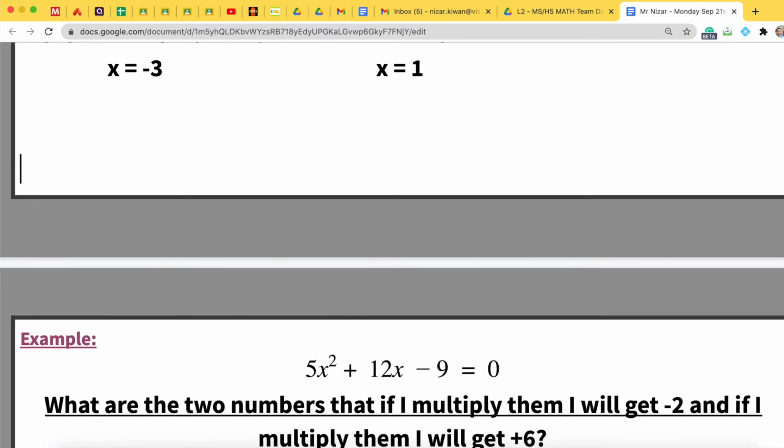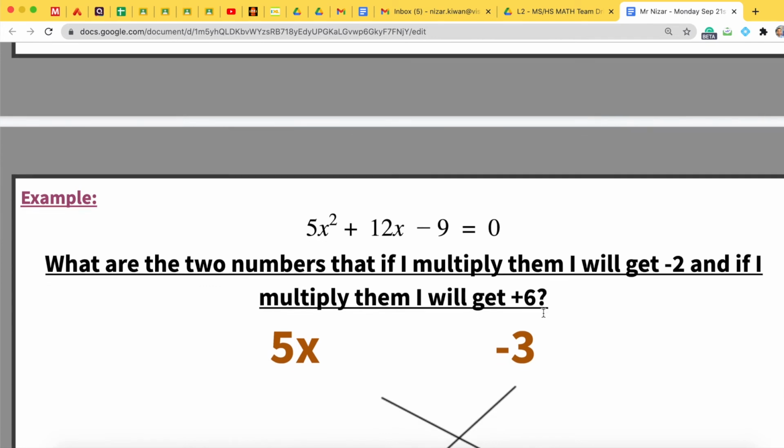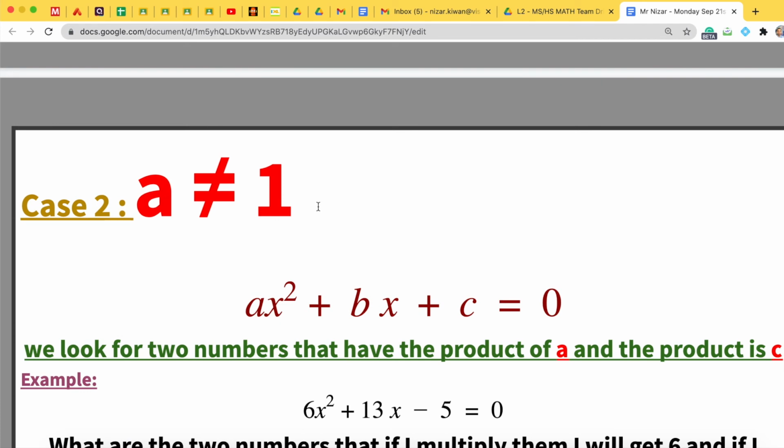If you find it difficult, try with me to solve this one. Solve the quadratic equation 5x^2 + 12x - 9 = 0. So a is 5, b is 12, c is negative 9. Since a is not 1, that means I am in case number 2, which is product and product.